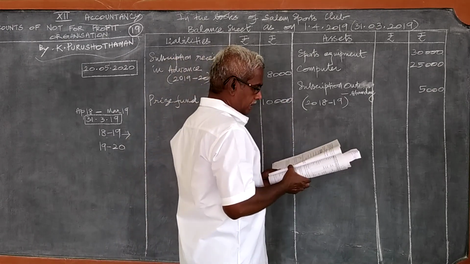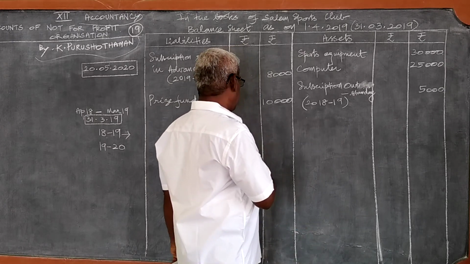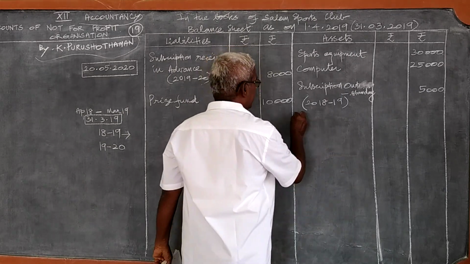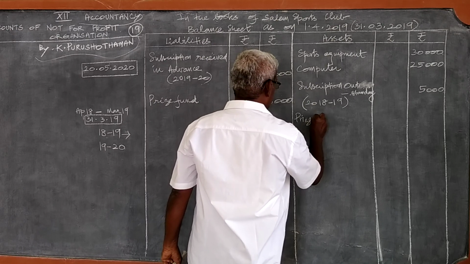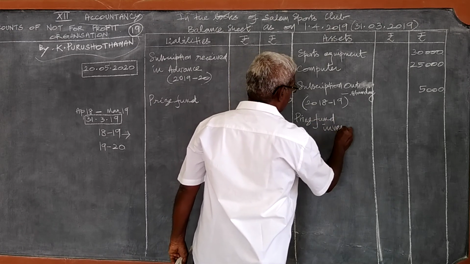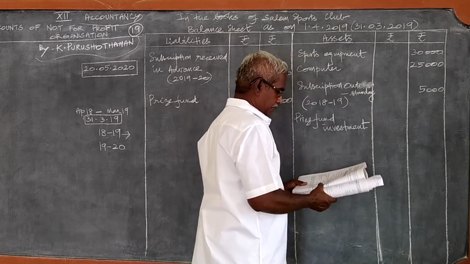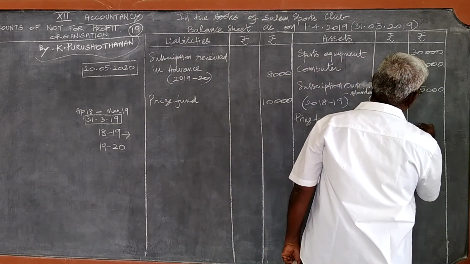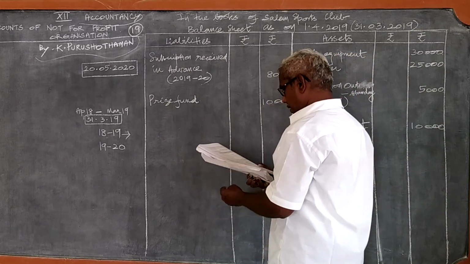Then the next one is prize fund investment. If it is a fund, it is a liability; if it is an investment, then it is an asset. Prize fund investment, 10,000.